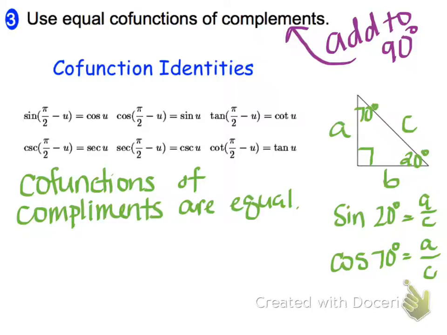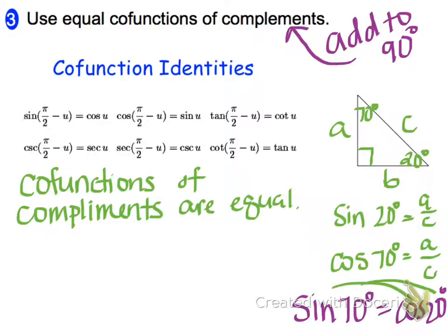Now I could also switch it the other way around, and I could say that the sine of 70 is equal to the cosine of 20 degrees. So it could be the other way around. As long as the angles are complements and the trig functions are cofunctions, then that means they're equal.